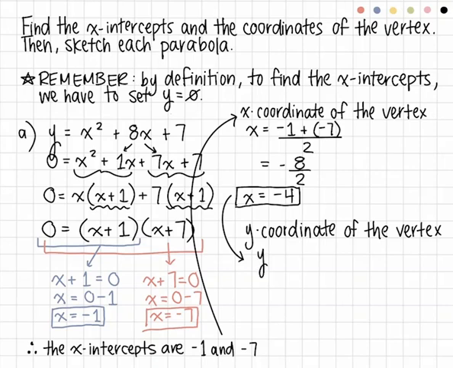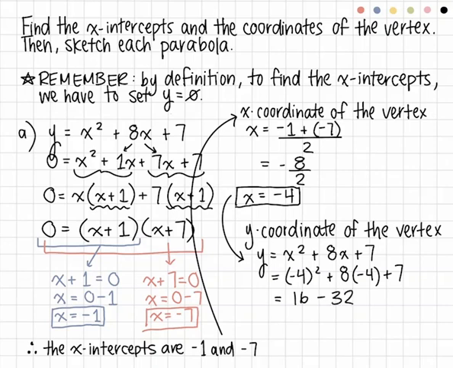So I've got y equals x squared plus 8x plus 7. That's what we started with, right? Okay, so let's substitute in our value for x. Got -4 squared plus 8 times -4 plus 7. So that equals 16 minus 32 plus 7. So y equals -9.